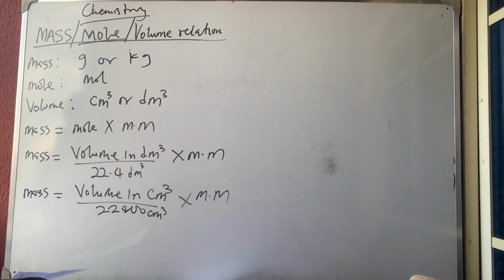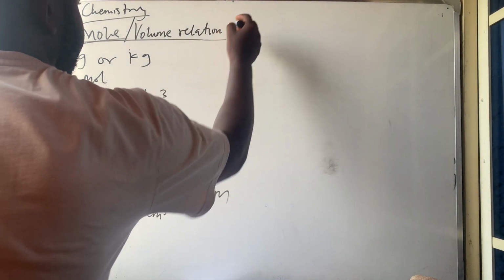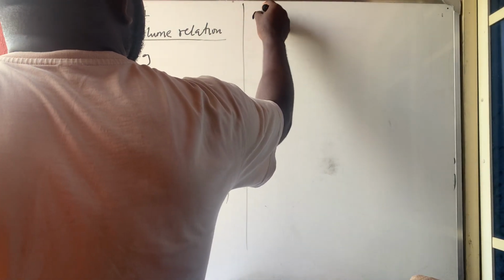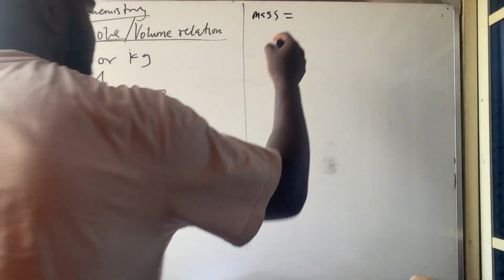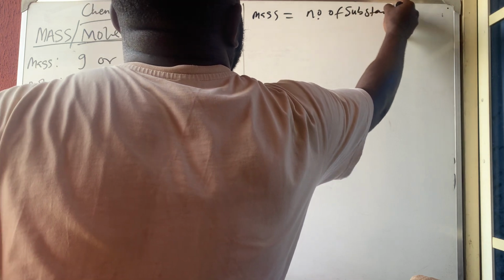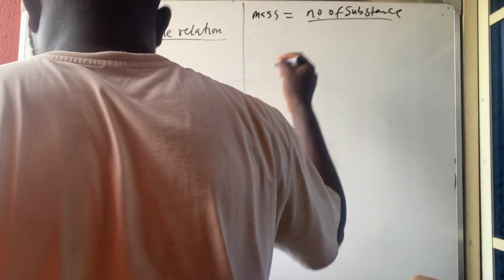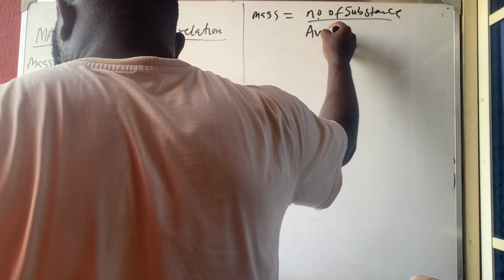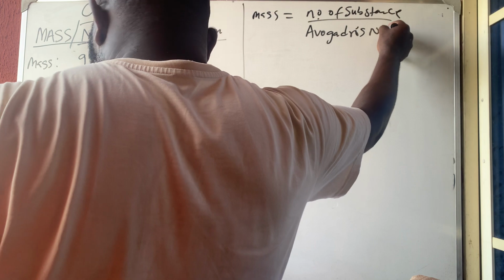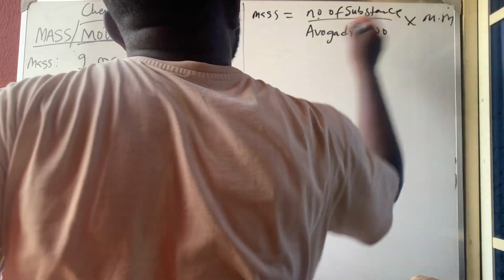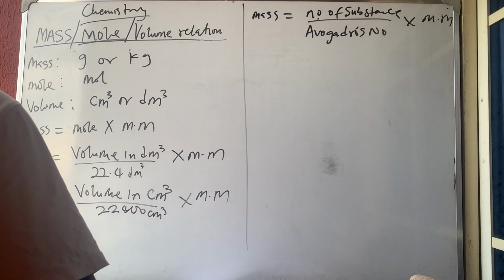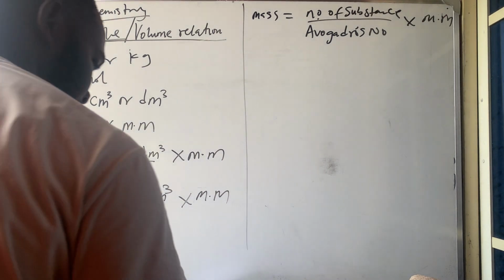Another way to get mass is by saying that mass is number of particles all over Avogadro's number, times molar mass. So that is that for mass.